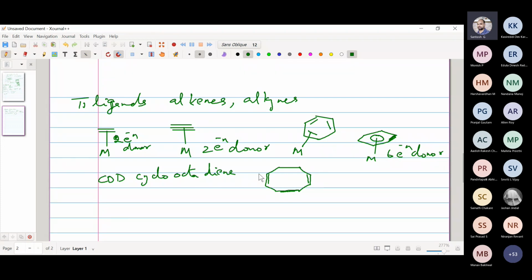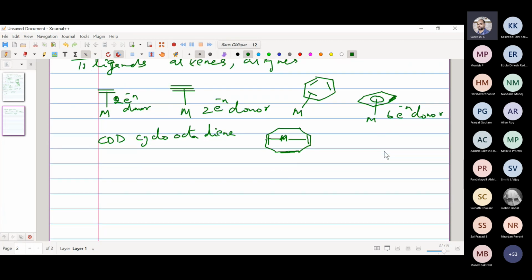Both the double bonds of this molecule can donate to a metal, something like this. It looks like the metal atom is going into the center of the cavity, but it is not like that, because the metal atom is far bigger than the cavity. It's just an illusion created by writing a small metal atom, but in reality the metal atom is as big as the molecule itself.